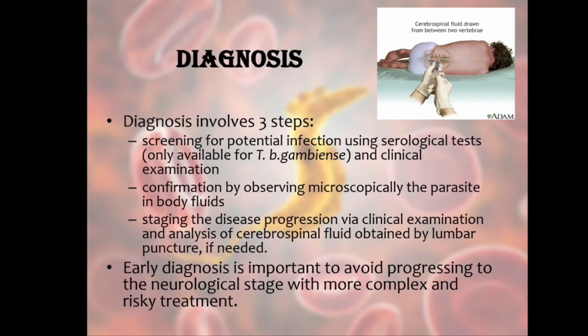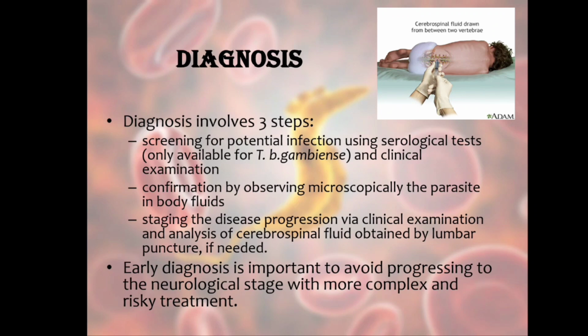Now, in order to diagnose this disease, there are three steps which are involved. The first step is screening for potential infection. This is done using serological, that is serum based tests, and they are only available currently for Trypanosoma brucei gambiense. Then we confirm the parasite's presence by observing it microscopically.